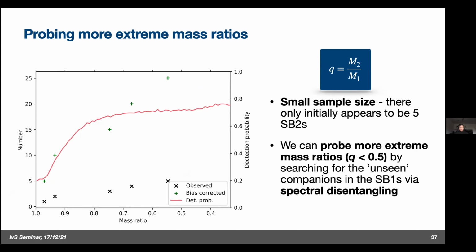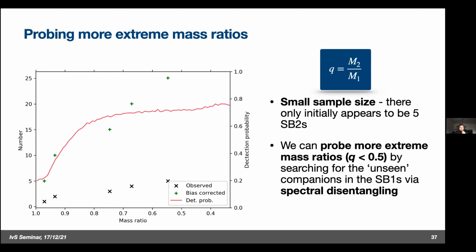So from the first paper, we only identified 5 double-line spectroscopic binaries visually. And this is a small sample size. We can't really discern much from this or compare it to other observed distributions.